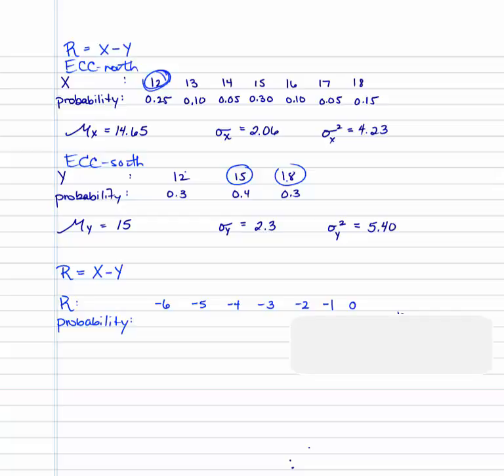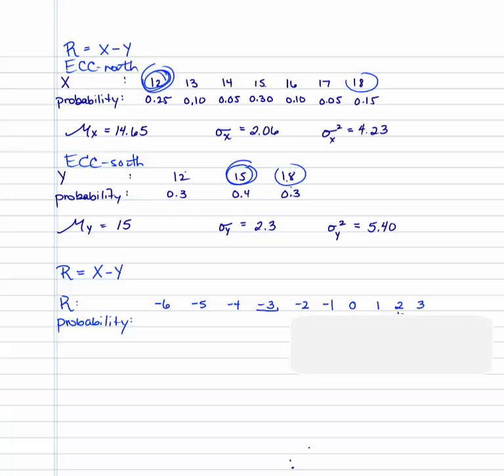0 is going to be made by 18 minus 18. Then I'm going to work at 12 take away 15 is negative 3. I already have that. 13, 14, 15 take away 15 is 0. 16 take away 15 is 1. 17 take away 15 is 2. And 18 take away 15 is 3.